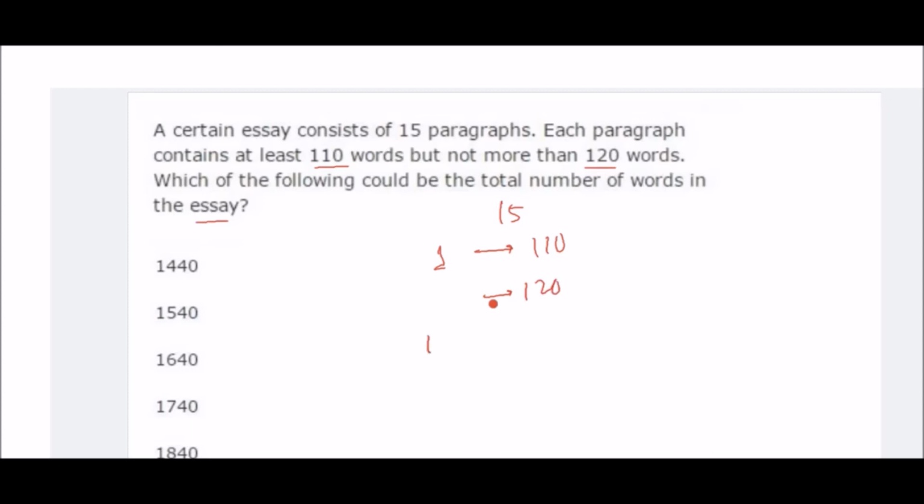So for 15 paragraphs the minimum will be 110 into 15, 1650, and the maximum 120 into 15, that will be 1800. So we have to choose the value which is equal to or greater than 1650 and less than or equal to 1800. So our answer choice will be the fourth option.